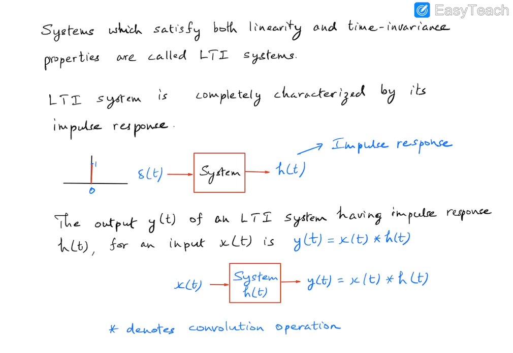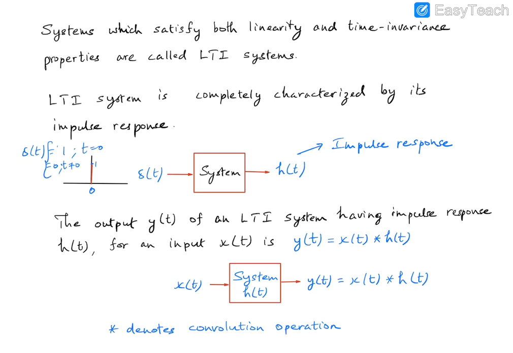So that's the delta function, which is defined as delta of t equals 1 for t equals 0 and equals 0 for t not equal to 0. So this is the definition for the impulse function, and it's basically an impulse at time t equal to 0 with a height of 1.